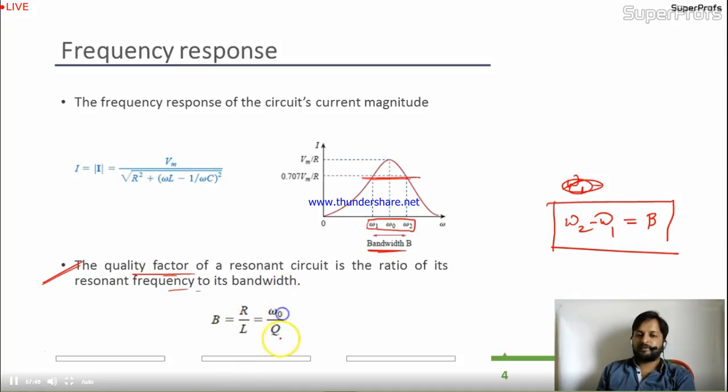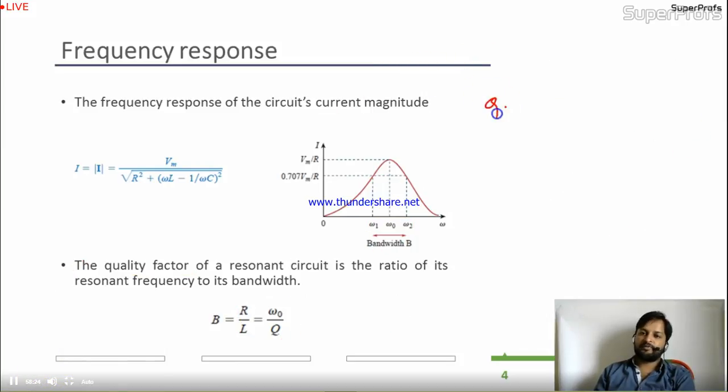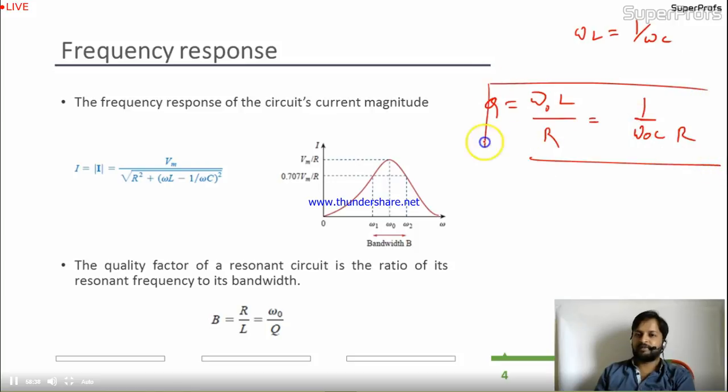So B is omega naught by Q, and Q is omega naught by B. For the series circuit, if you equate these two terms, omega naught by Q is R by L. So Q is omega naught L by R. For the series circuit this can also be written as 1 by omega naught C R. Both are equal, and this is the quality factor.